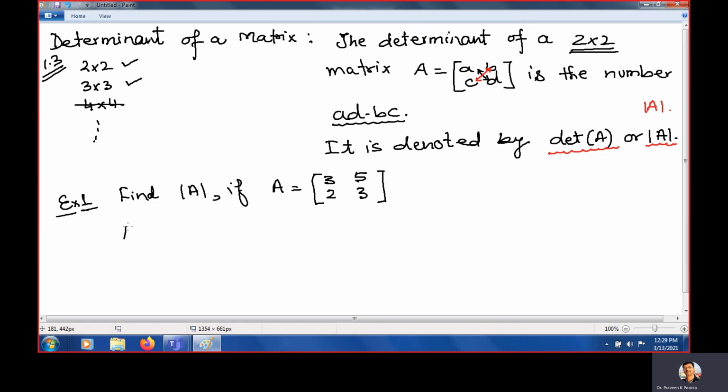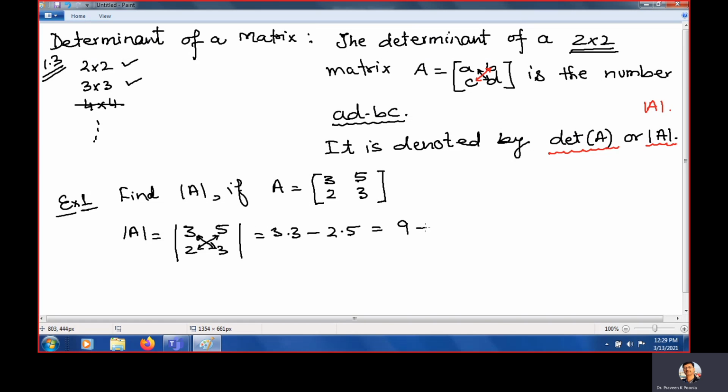So if we want to find the determinant of A, first write the matrix in determinant form, between the parallel lines. Here it is a matrix, but here it is a determinant. Now how to calculate? The multiplication of this and this, 3 into 3 minus the multiplication of this into this, 2 into 5.